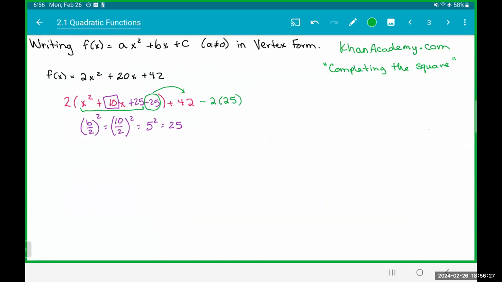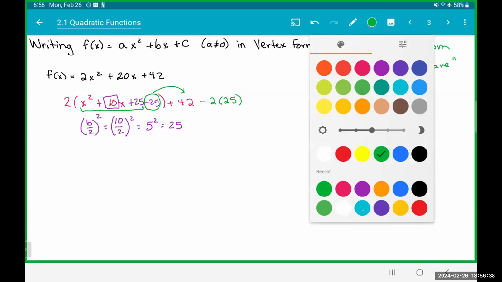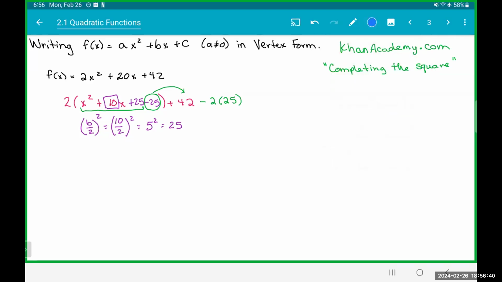Okay? Question. All right, so that leaves me then with 2. Now, this completing the square, this perfect square piece right here, tells me what my value is.